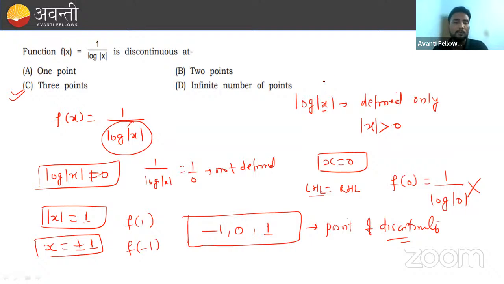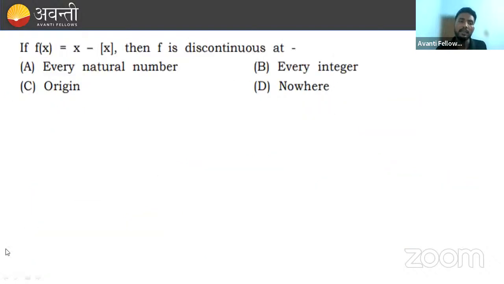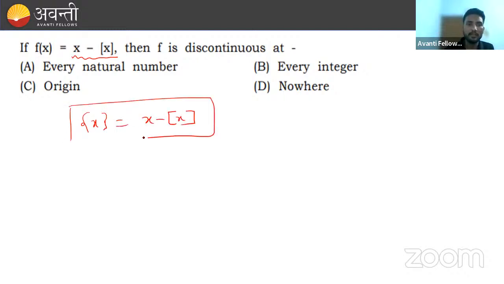Okay, so any 3 properties you have to just keep in mind and you can find it. This is also very easy, because you know that this is the fractional part, x minus the greatest integer function of x. So you know that the fractional part is always discontinuous at every integer.